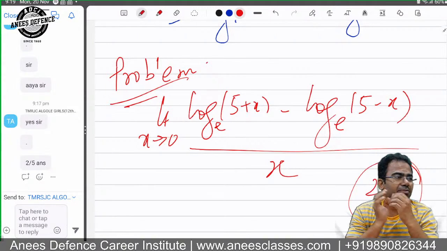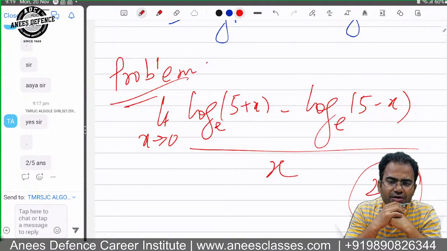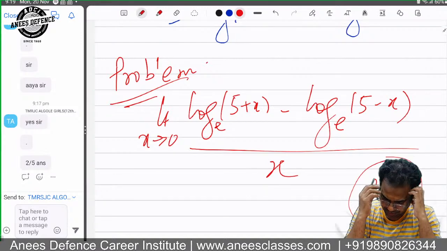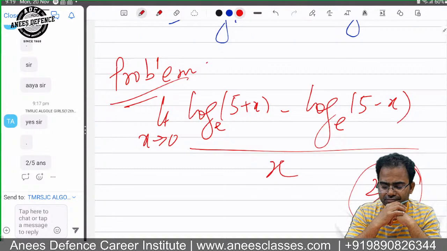We can implement L'Hopital law, or we can use the formula. Two by 5.